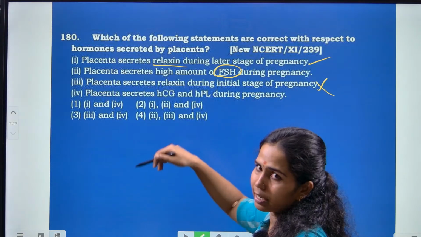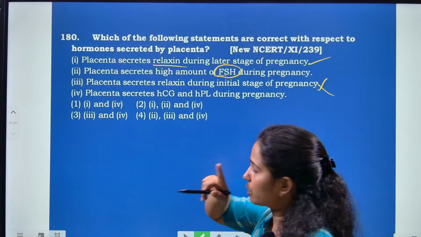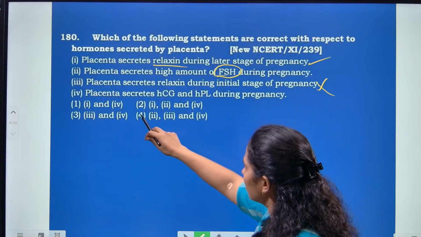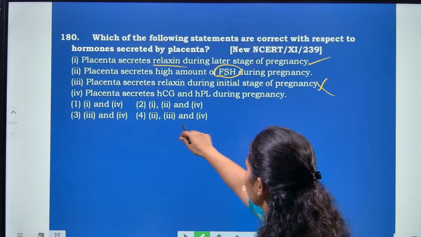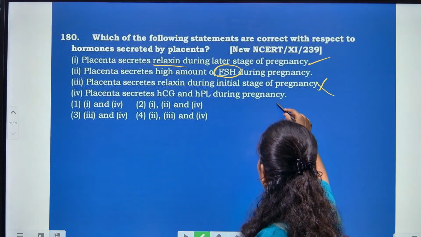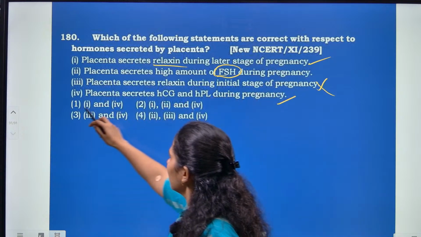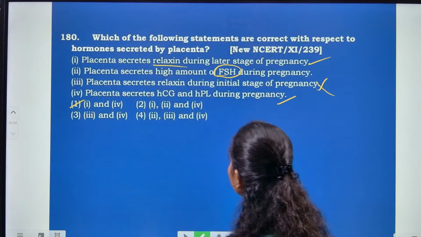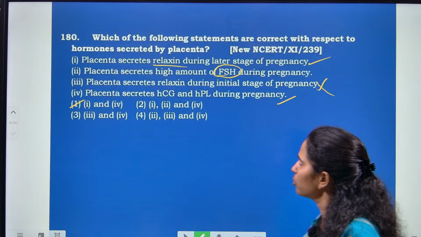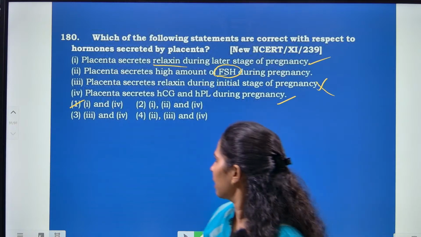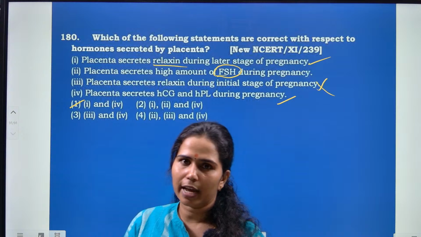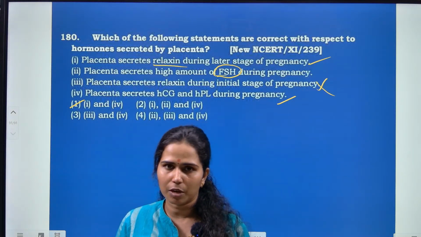Relaxin is also secreted by the ovary, that is the corpus luteum of the ovary, here during the later phase. Then placenta secretes HCG and HPL during the pregnancy period. Yes, so option 1 and option 4 only are the right options for the given statement about the hormones secreted by the placenta here. So these were the questions which we have solved for mock questions of 7 here.